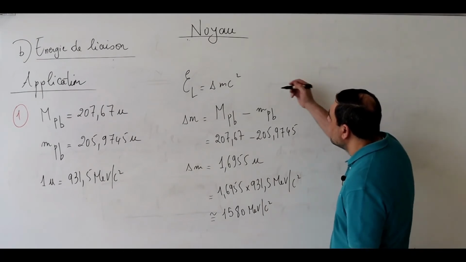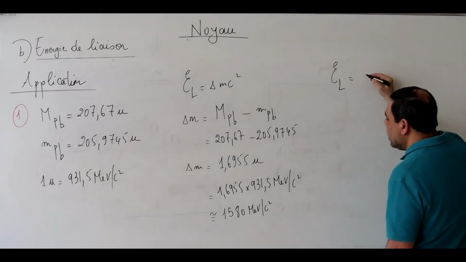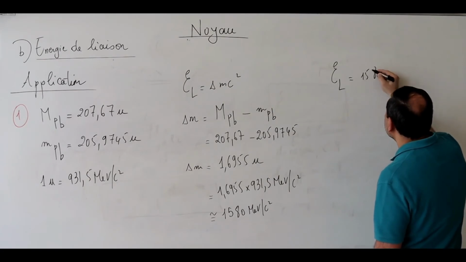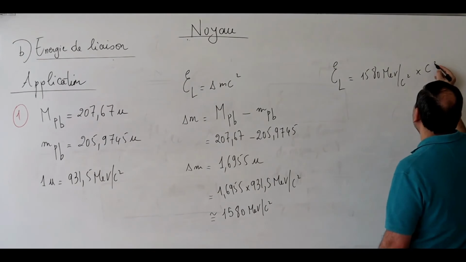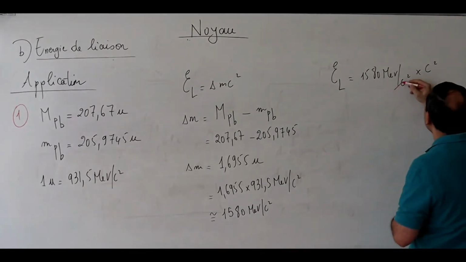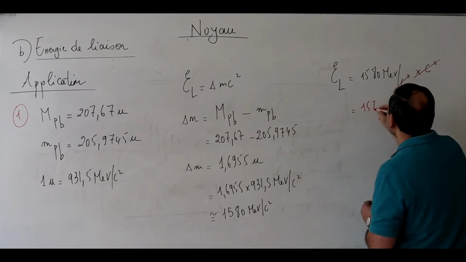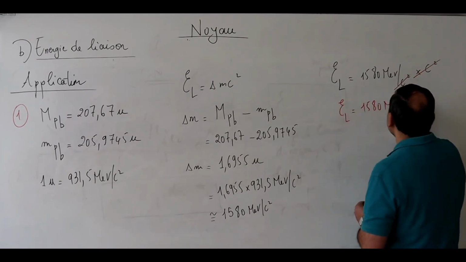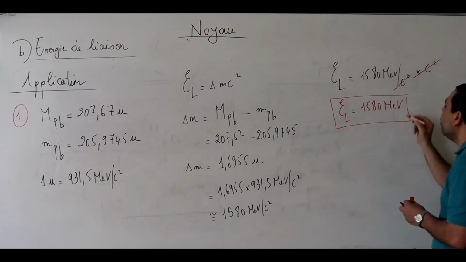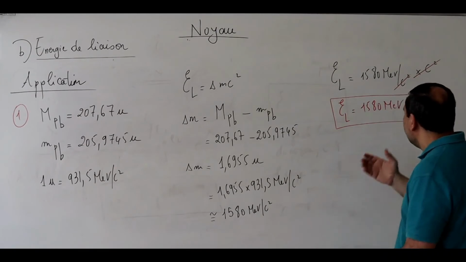When substituting here, we obtain the binding energy as 1580 mega electron volts per c squared multiplied by c squared. So we obtain 1580 mega electron volts by simplifying by c squared. This is the binding energy of the lead-206 nucleus.